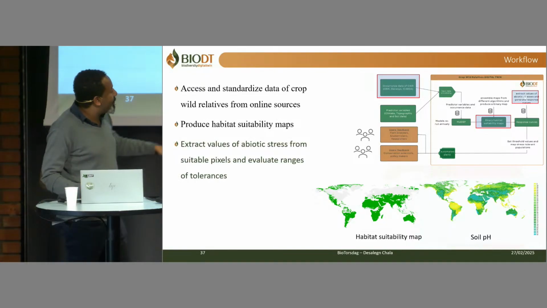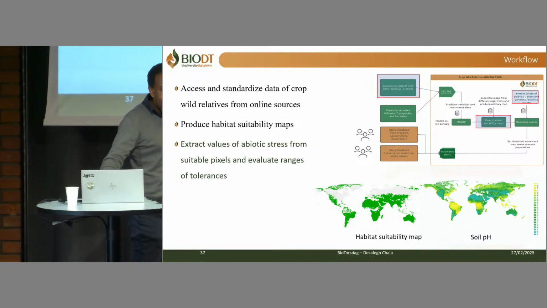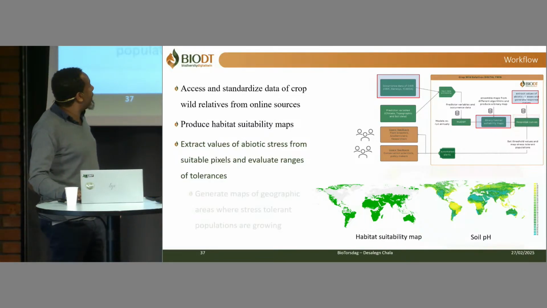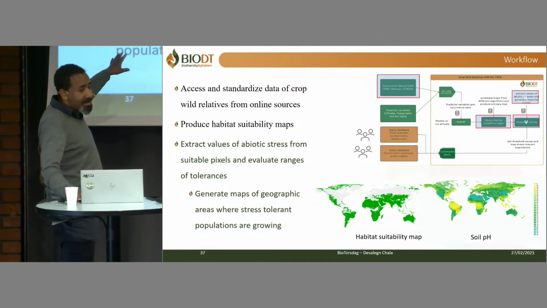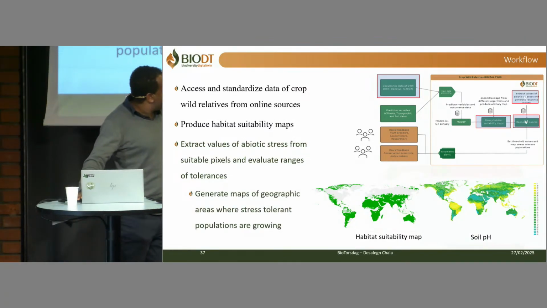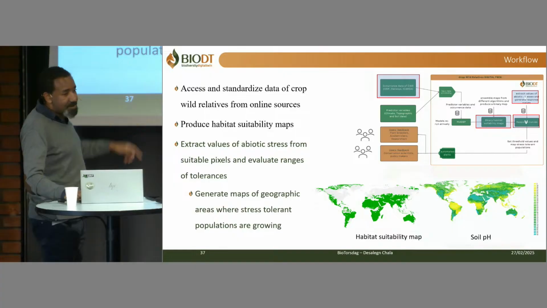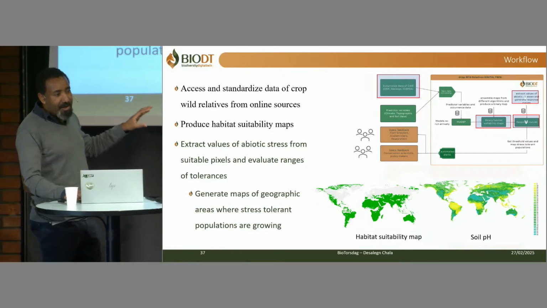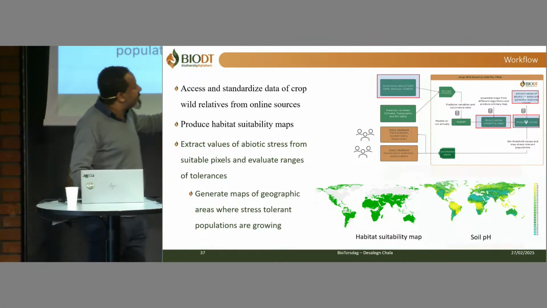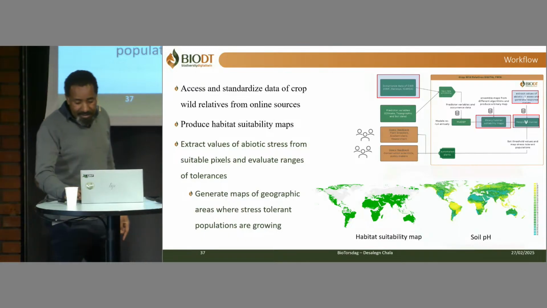At the same time, we can also have environmental stresses, for example, soil acidity. We extract information on environmental stresses at each of the suitable pixels, and based on that, we generate a response curve and identify where stress-tolerant populations are growing.